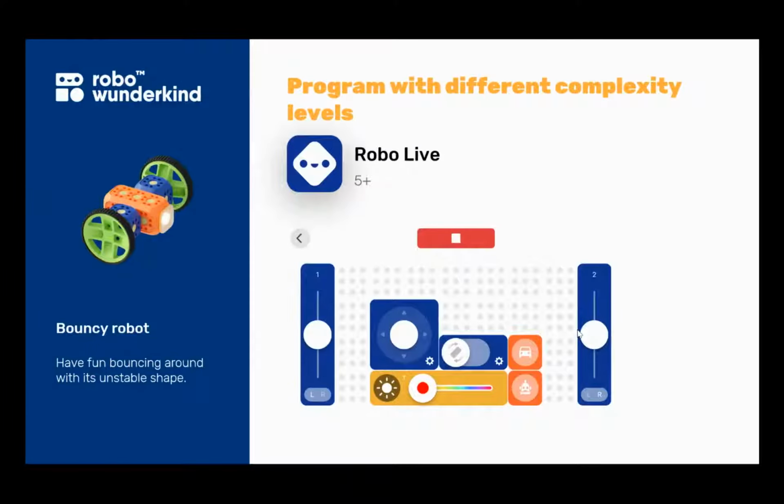So the first one is the Robo Live app, and this is, as it sounds, live control of the robot with all the blocks that you're creating, again color-coded, corresponding to those different hardware blocks which we were just looking at a second ago, to make it even easier to understand how we're controlling it all. You've then got the RoboCode app.